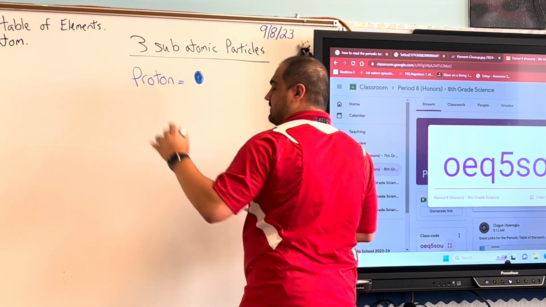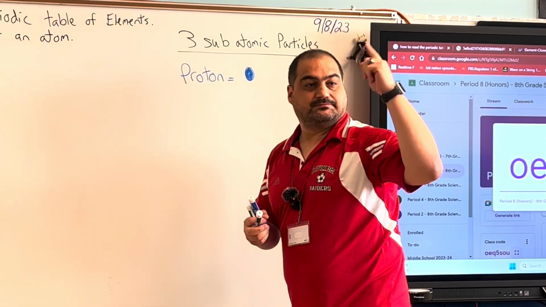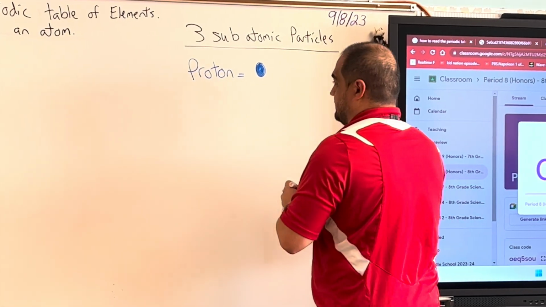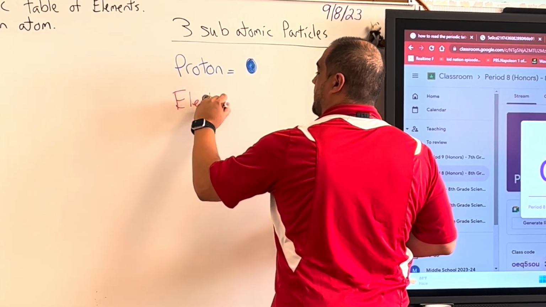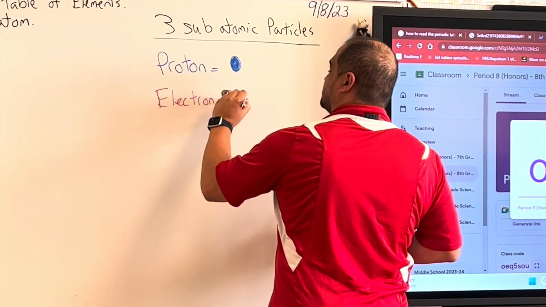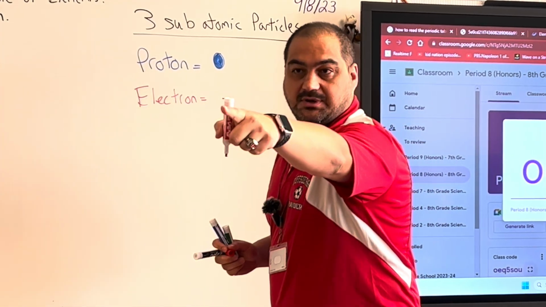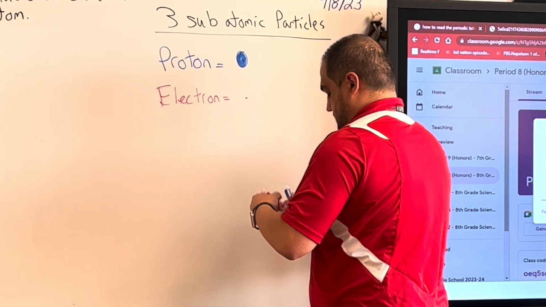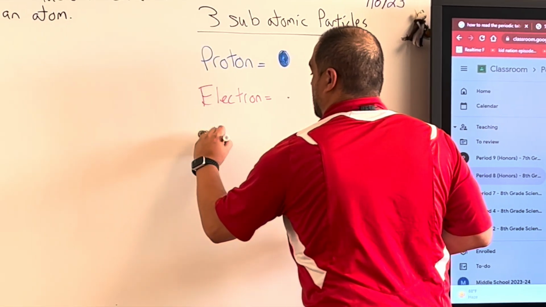I might make him a little smaller today so I have more room since I'm going to do more. Electron, beautiful. And that was a small little dot. And the last one? Neutrons. Neutrons, beautiful. Okay?